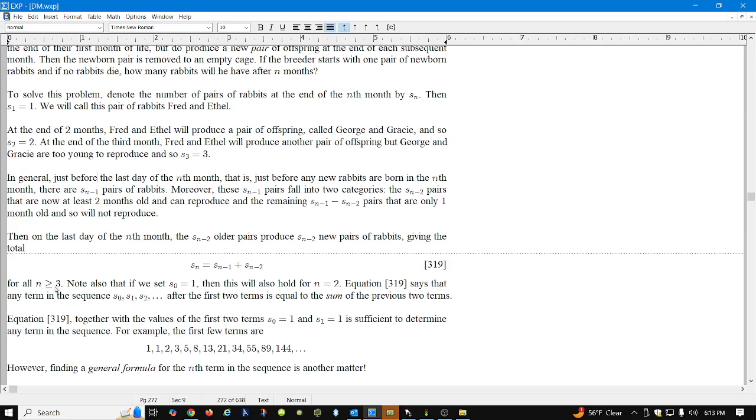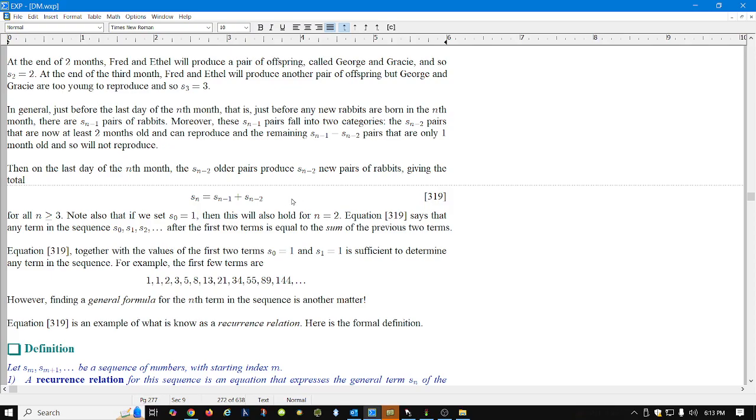And this is true for n bigger than or equal to 3. However, if we just set S0 equal to 1, then this will also hold for n equals 2. And this equation simply says that once you get to the 3rd term, any given term is the sum of the 2 previous terms. Very simple.